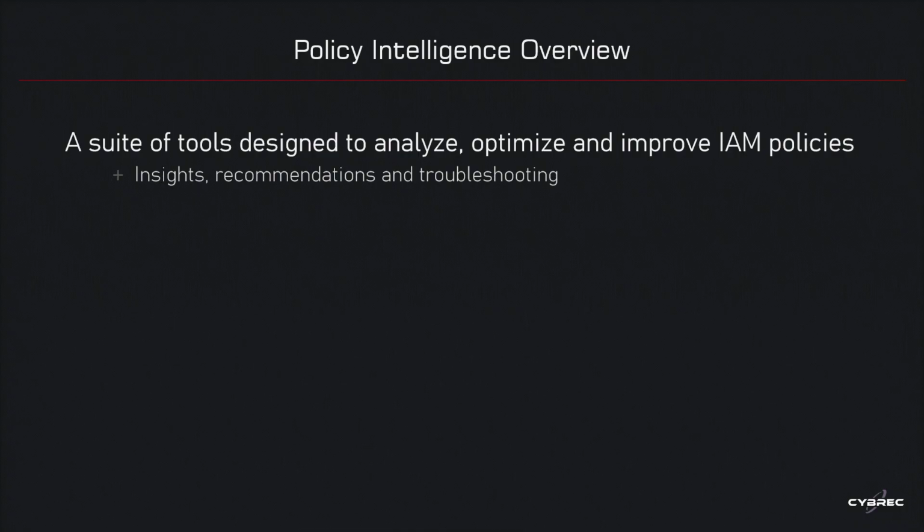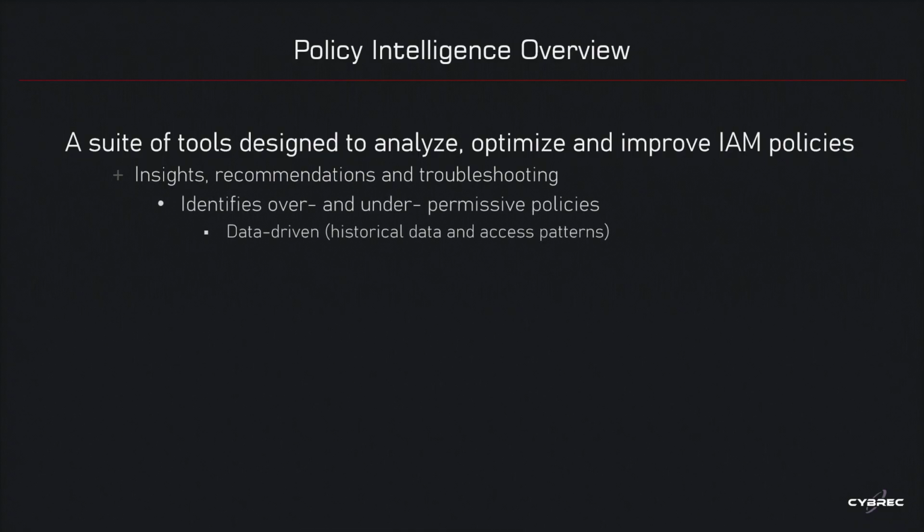In summary, we can say that these tools will help us with insights, recommendations, and overall troubleshooting of IAM-related configurations. They will be able to identify over and under permissive policies, let us know about possible changes to be made, and all of this is supported by machine learning and some AI functions.